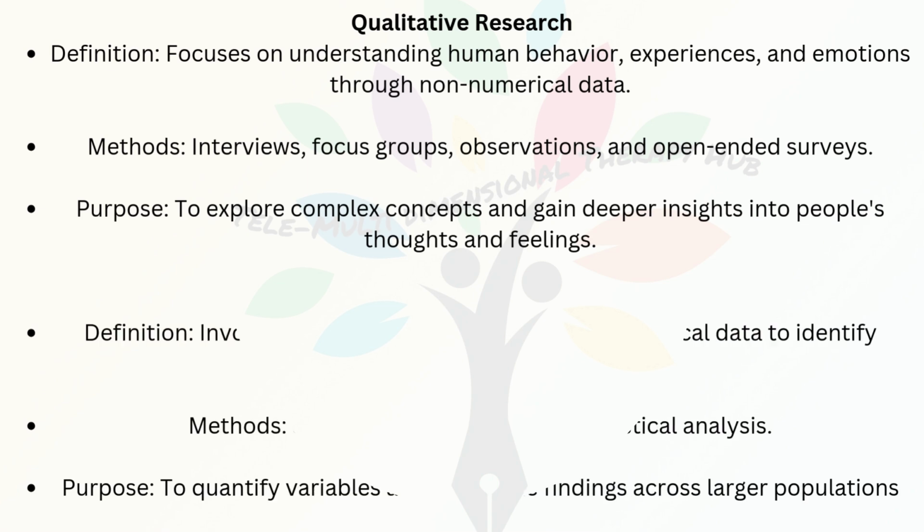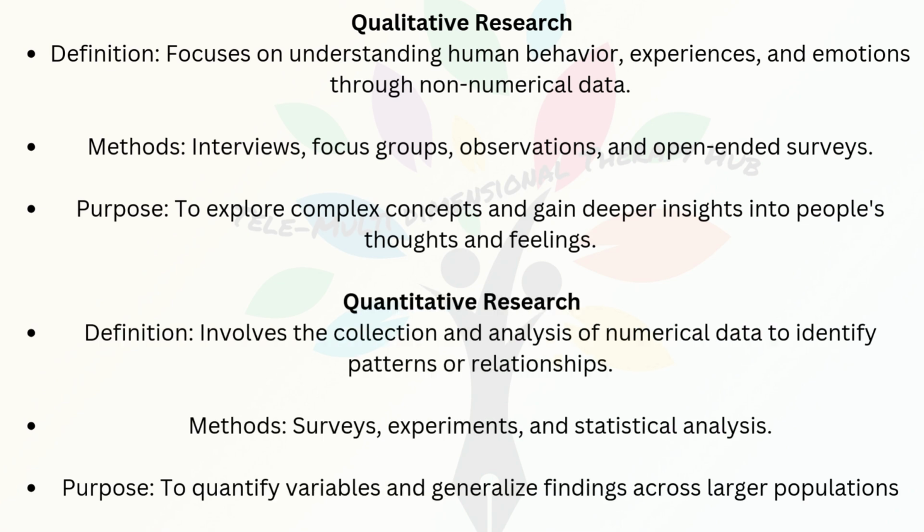Now let's see the next type, quantitative research. The definition is that it involves the collection and analysis of numerical data to identify patterns or relationships. So it's about using numbers to study patterns or relationships. See, qualitative data is about not using numbers but using words.